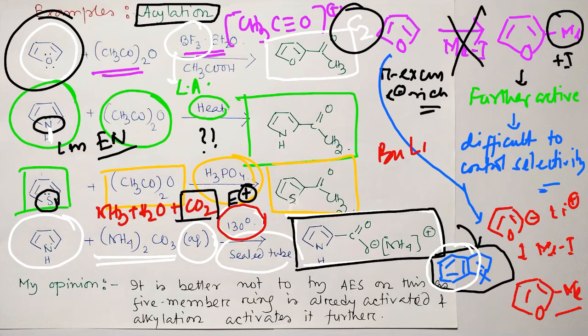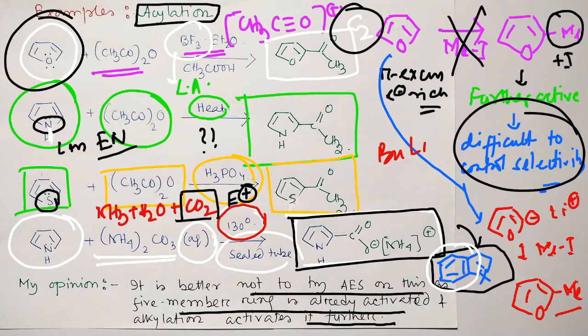Fine. So as a conclusion, we can say that it is better not to try AES such as alkylation on this 5-member ring, because they are activated and alkylation activates them further, which I have discussed. So from this discussion, what you have learned is that C2 substitution is preferred, and pyrrole is the most reactive. Finally, if you fuse this 5-member ring with a benzene derivative, for example indole, then the substitution prefers the C3 position.